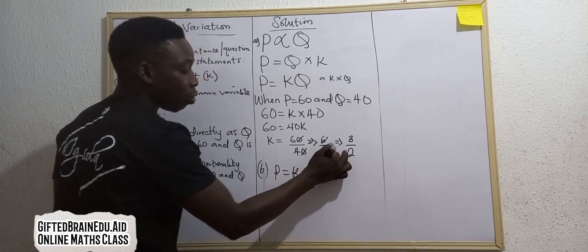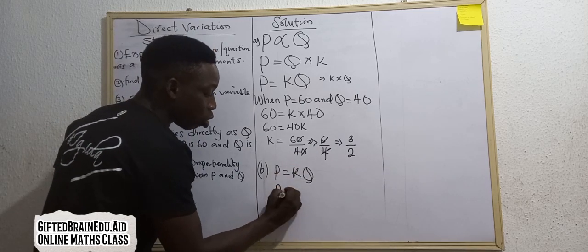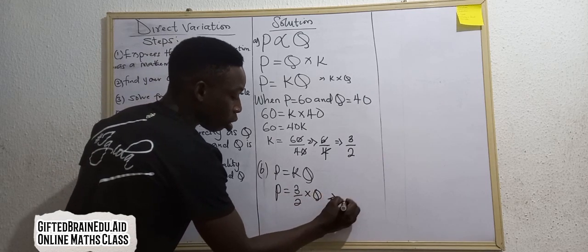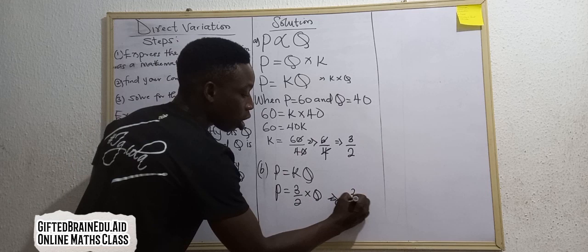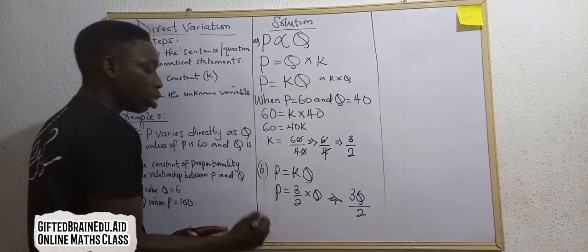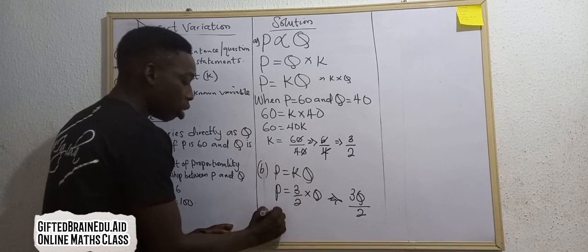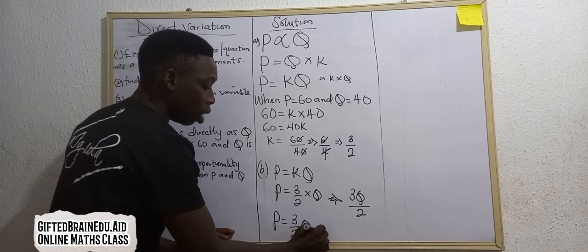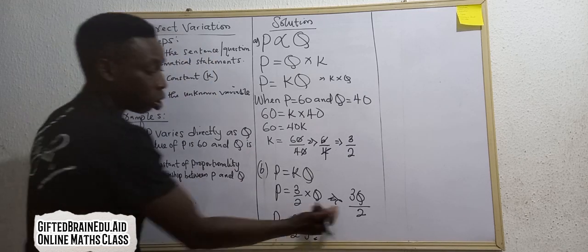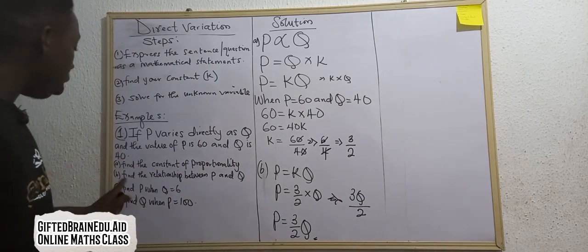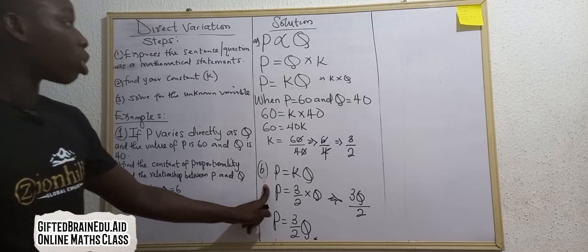Just introduce the value of K here. So we have P equals 3 over 2 times Q, which gives us 3Q over 2. So the relationship between P and Q is P equals 3 over 2 Q, or you can put it this way, 3Q over 2. So the B part of the question has been solved.